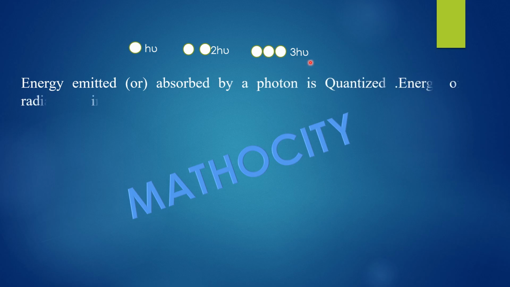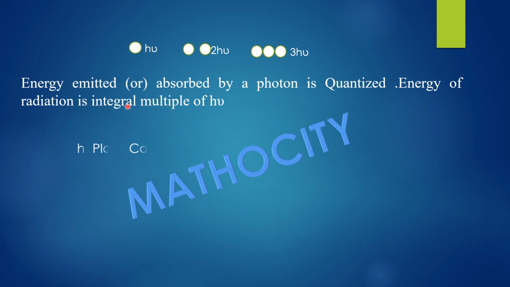If you observe this carefully, energy emitted or absorbed by a photon is quantized. E is equal to h mu. It is nothing but energy quantization.